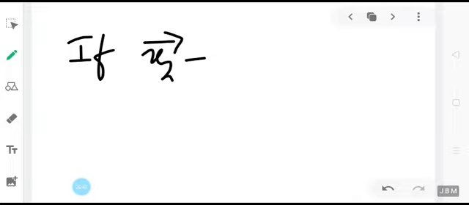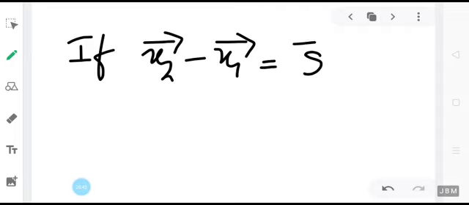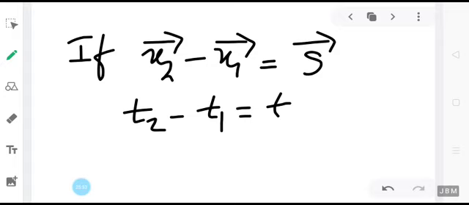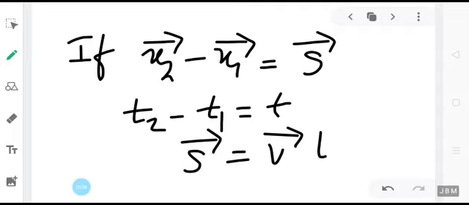Now, if x2 minus x1 is equal to s vector and t2 minus t1 is equal to t, then we can write down s vector is equal to v vector multiplied by t. Again, for a uniform motion in one dimension, displacement is equal to distance traveled and velocity is equal to speed.